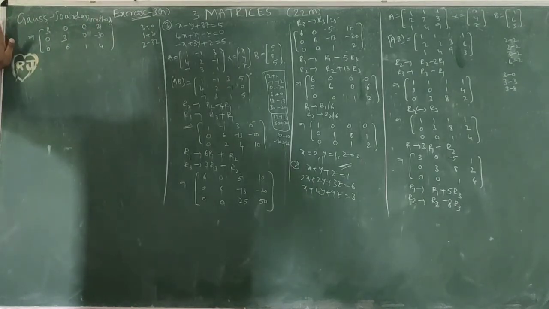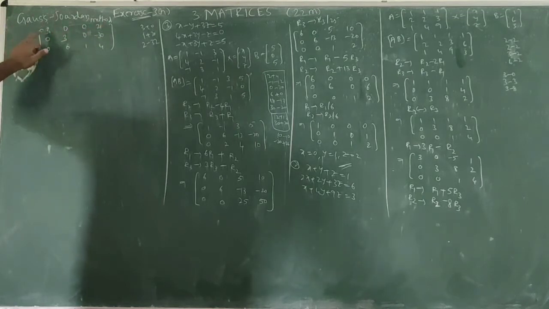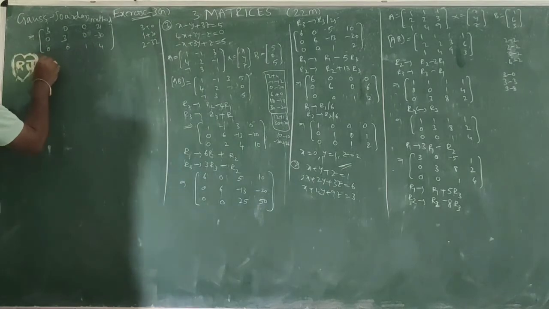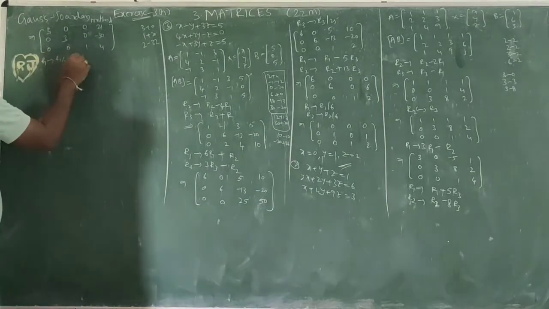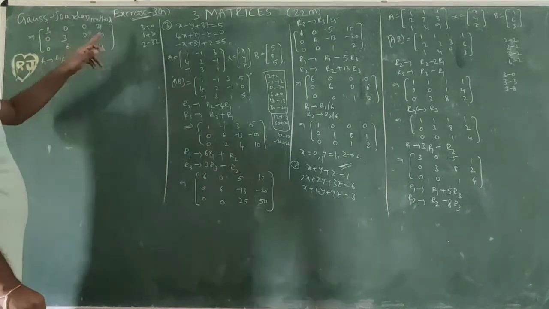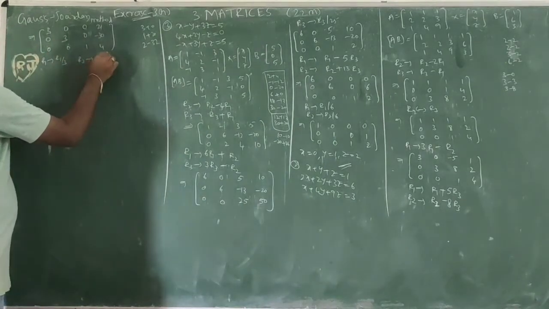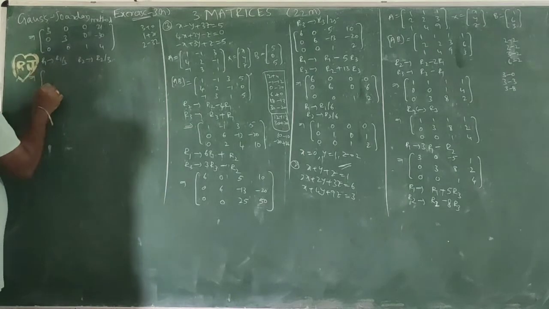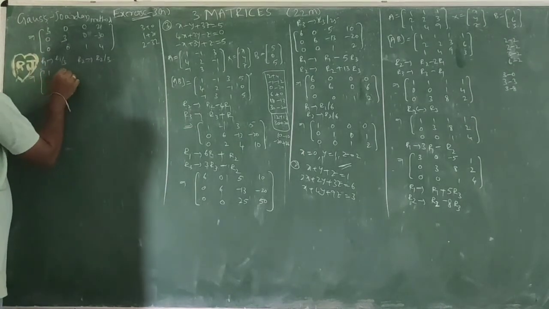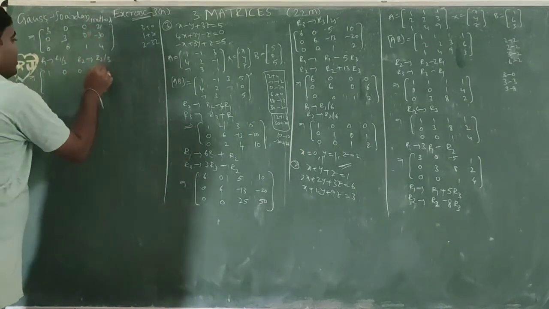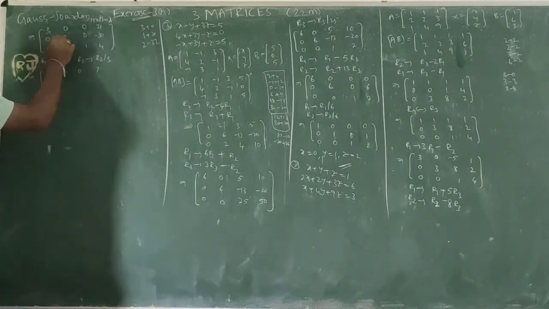So now I want to divide by the diagonal. First row diagonal element 3, so I want to divide R1 by 3. R2: second row diagonal element 3, here also, so R2 divided by 3. So 3 by 3 is 1, 0, 0, 21 by 3 is 7.